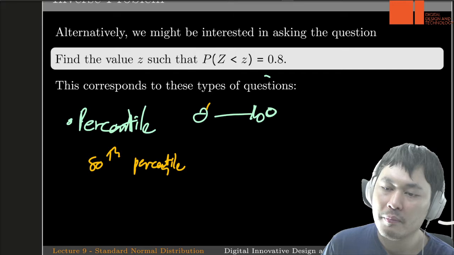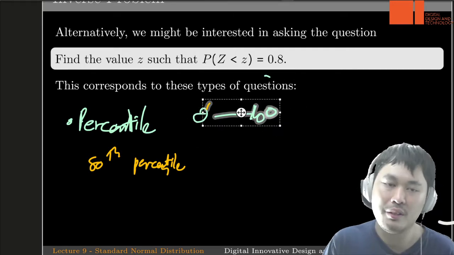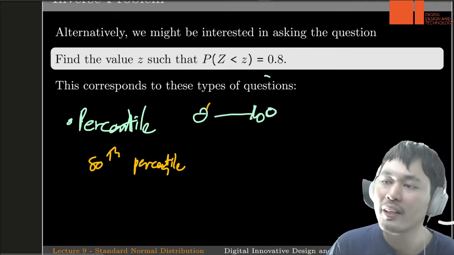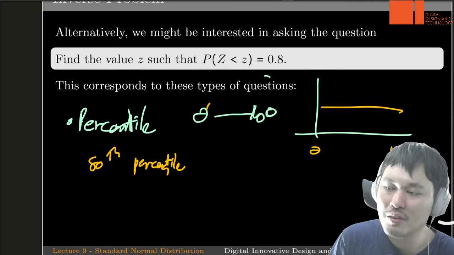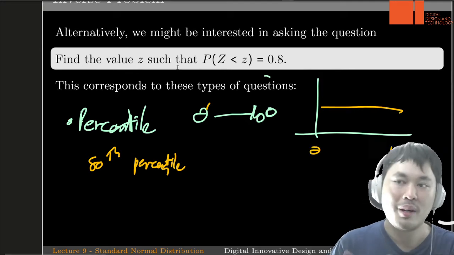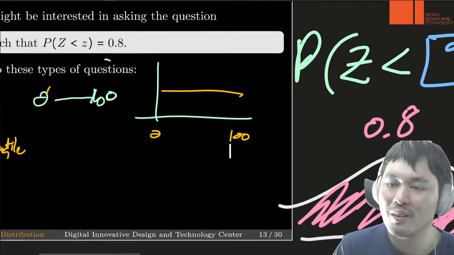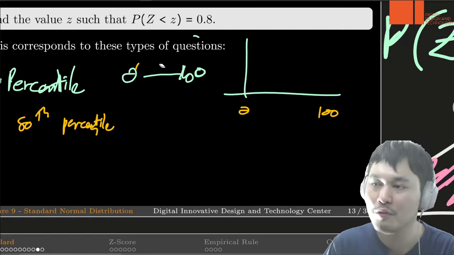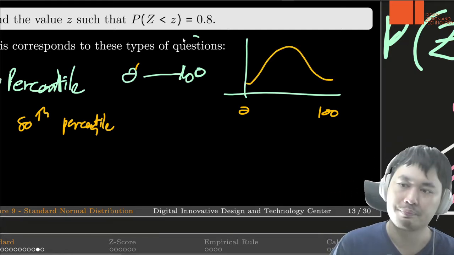Let's just say the score of the exam is normally distributed. It follows a normal distribution. Then it's not going to be flat from 0 to 100. That would be possible in some scenarios, but for an exam, most of the people are going to fall near the mean. So this kind of exam is going to look like that.